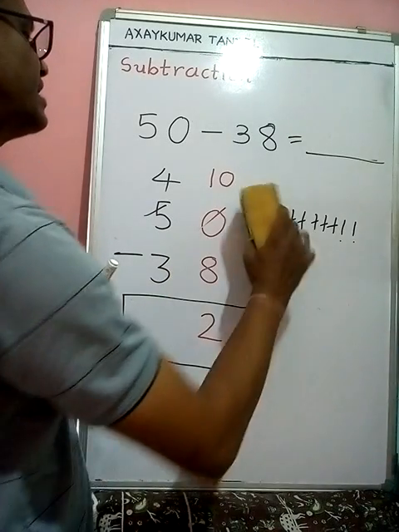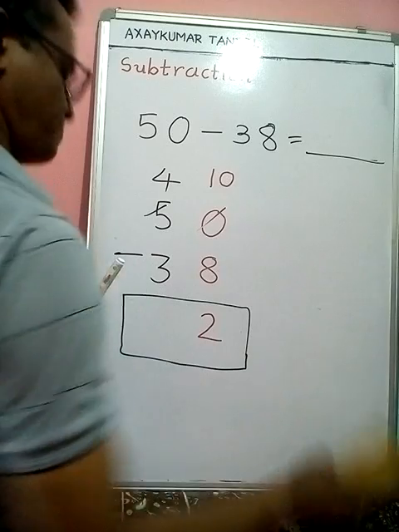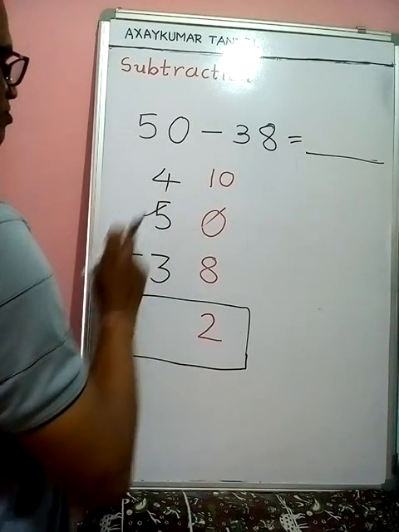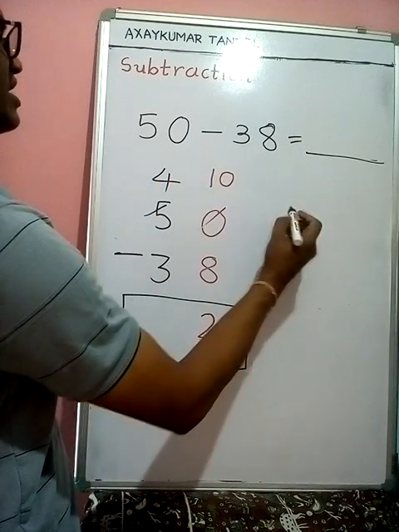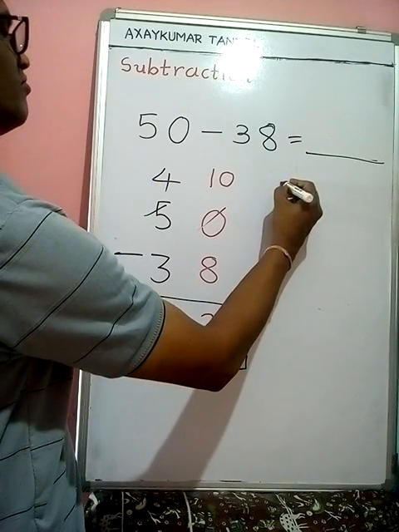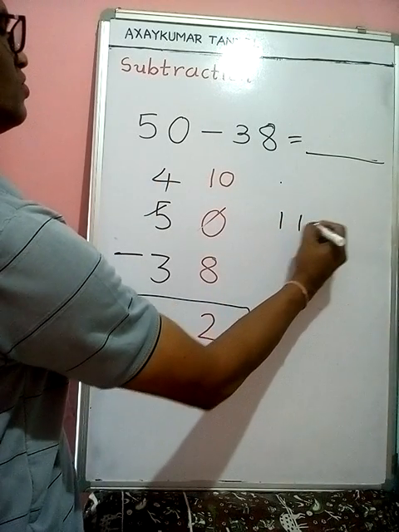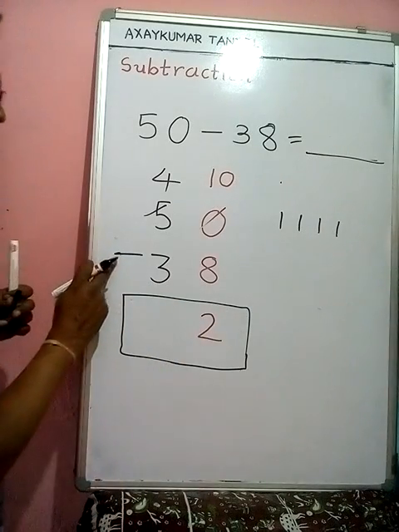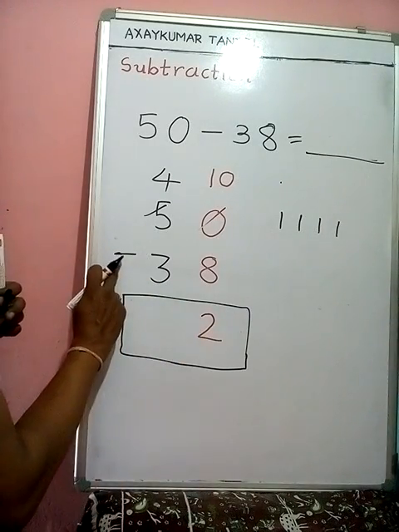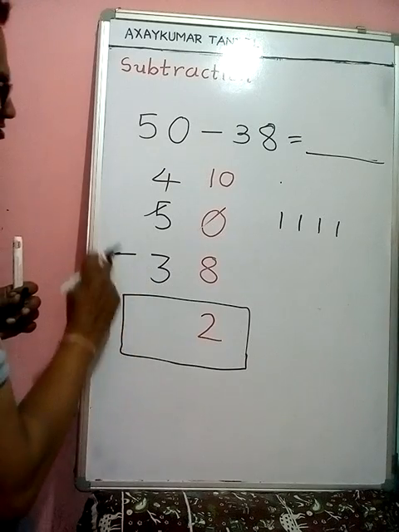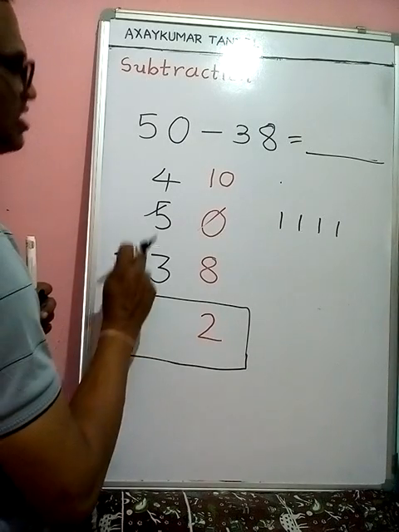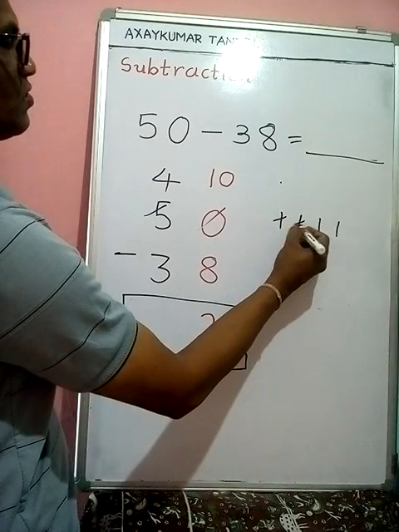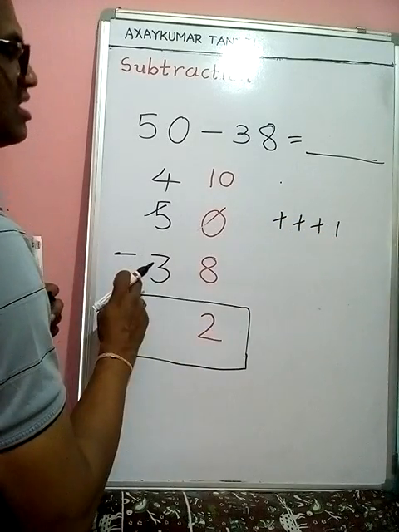Now we subtract the tens column. How many in the tens column? 4 minus 3. We draw 4 lines: 1, 2, 3, 4. How many cutting? How many subtract? 3. Knife, cutting. How many cutting? 3: 1, 2, 3. 3 cut.